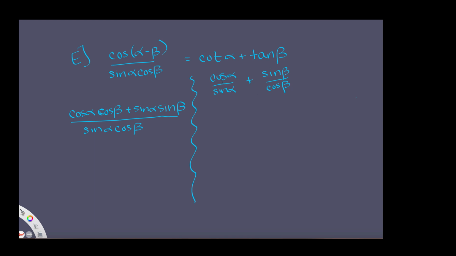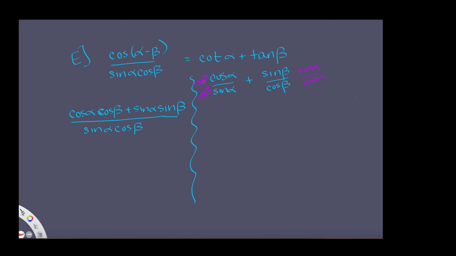When I multiply this side by cosine beta, it's not cosine squared anymore, right? Because alpha and beta are 2 different angles. Okay, so I'm going to multiply over here by cosine beta over cosine beta. And I'm going to multiply here by sine alpha over sine alpha to get my common denominators.